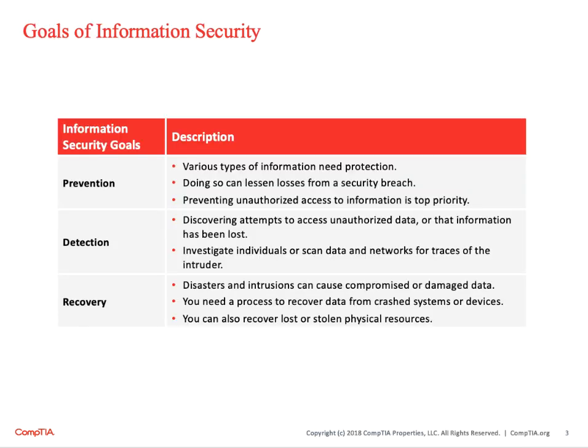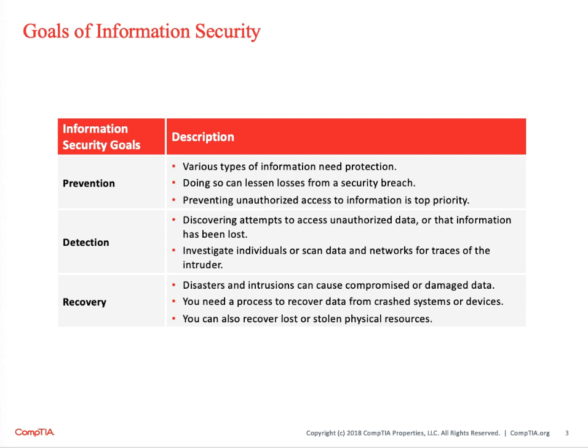So there are several goals of information security. There are three primary goals involved in the practice of information security. First off, we have prevention. In this case, various types of information are going to need protection: personal information, company information, information about intellectual property.